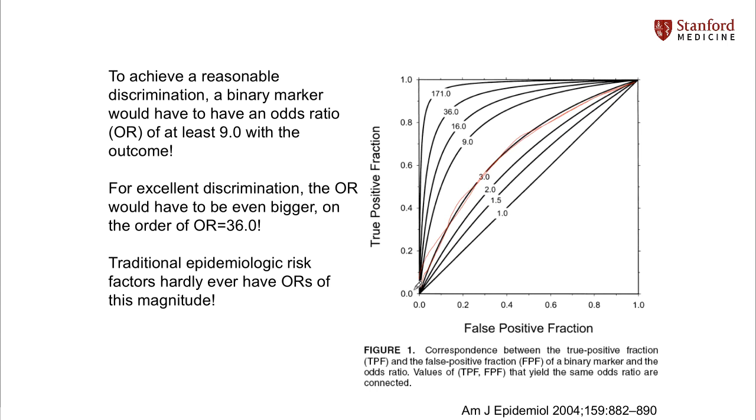We don't get odds ratios of 3 very often. In fact, to get really good discrimination, you need odds ratios in the realm of 9, which we rarely see for traditional epidemiologic risk factors. So a single binary risk factor has to be extremely associated with the outcome to correspond to a good C statistic.